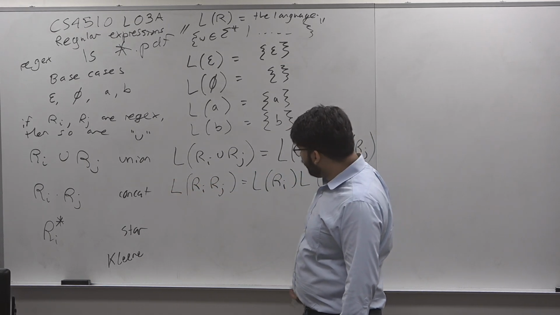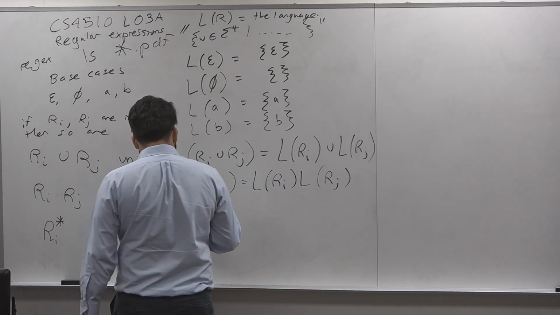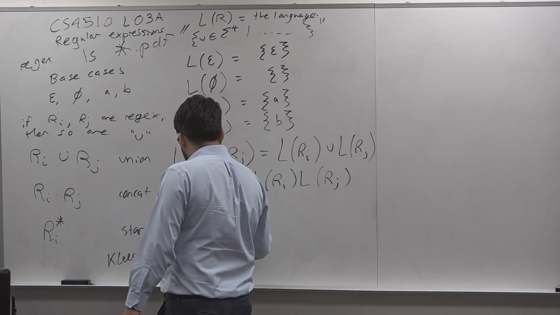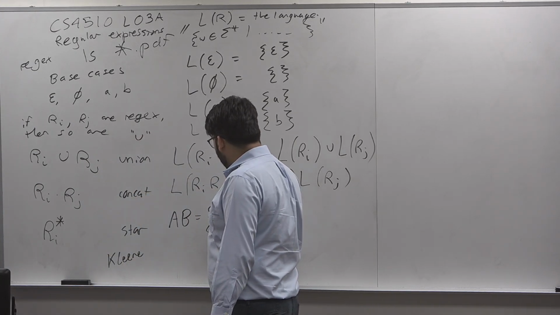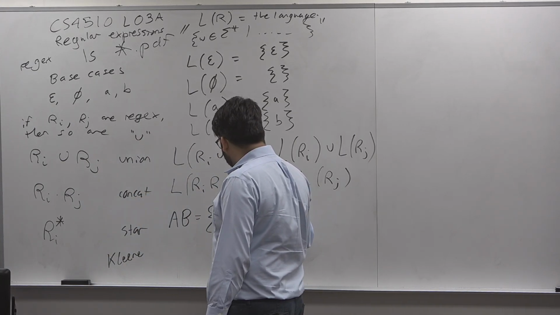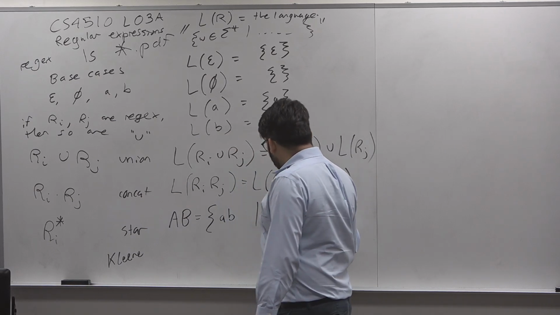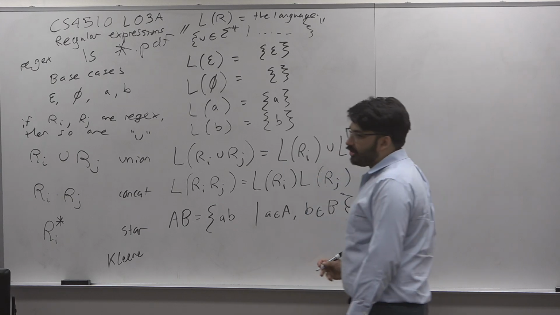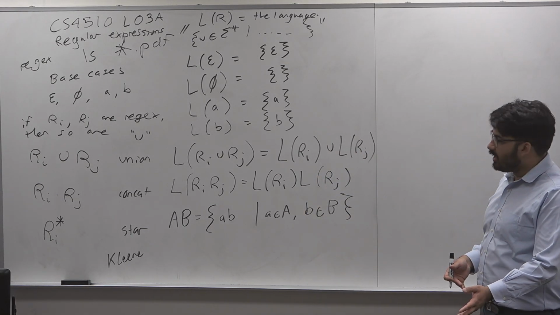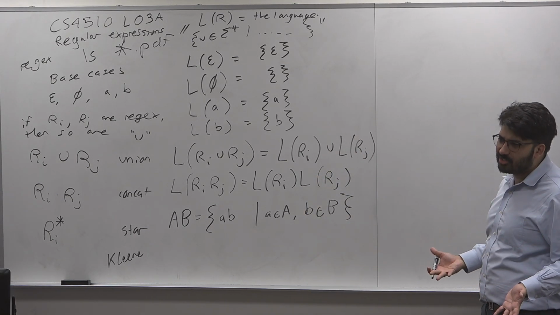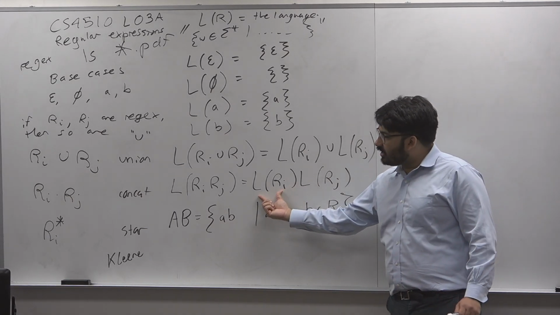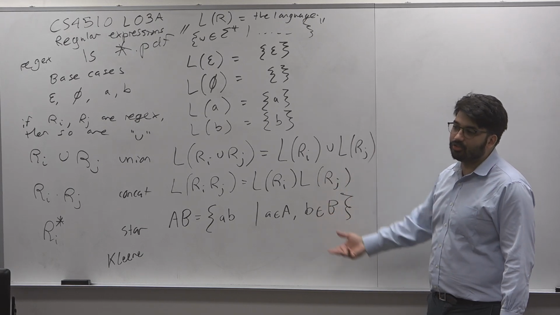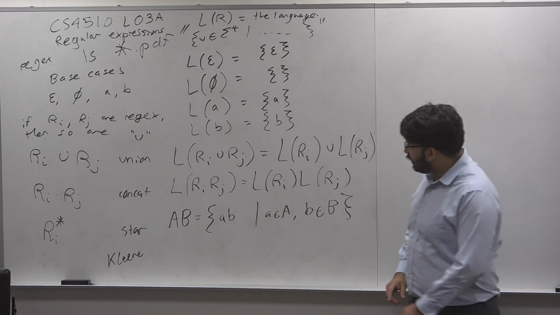But what it means is, if A and B are languages, we define AB to be strings of the form ab such that a is in A and b is in B. You don't get to choose which a is in A and which b is in B. The concatenation is kind of like a Cartesian product. You take every possible string in here and append it with every possible string in here, and that's your new language. Okay.